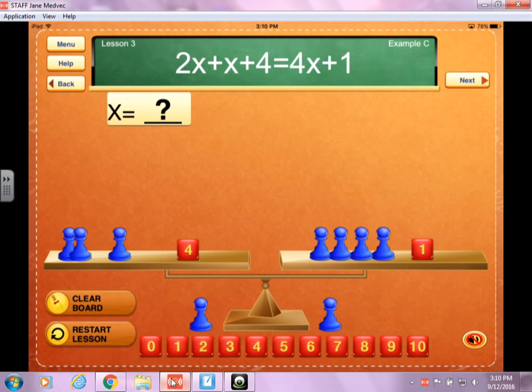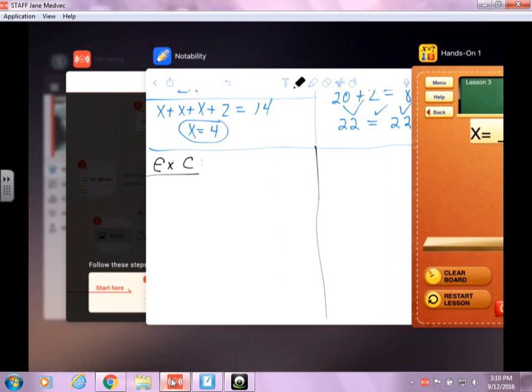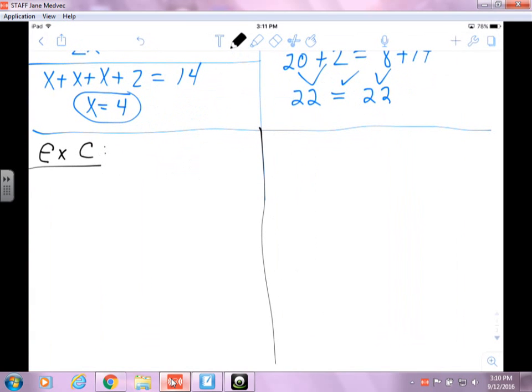Okay, how many x's can I take from each side? How many pawns? 3. So I'm going to take 1 from each side, 2 from each side, 3 from each side. And that's where we get the hands-on equations. Okay, so I'm going to go back to my Notability, and I'm going to write the original problem. So it was 2x plus 4 equals 4x plus 1.